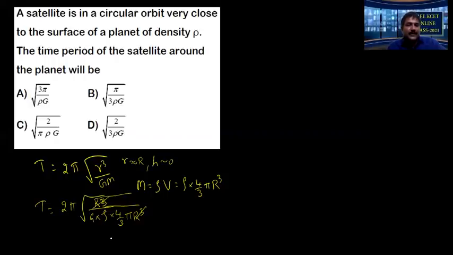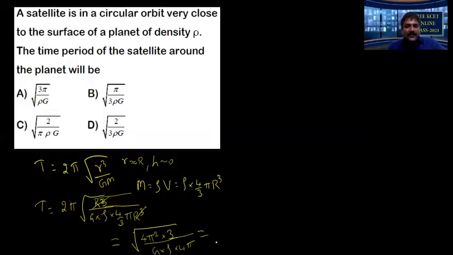The next step I write on this side. 2π I can take inside the square root, because no options have 2π outside. So finally 2π inside becomes 4π squared, and the 3 comes to the numerator from the denominator. Then rho is there, G rho into 4π, this much is in the denominator.